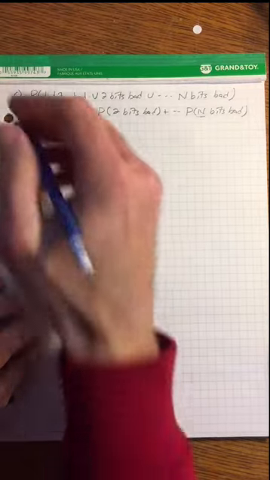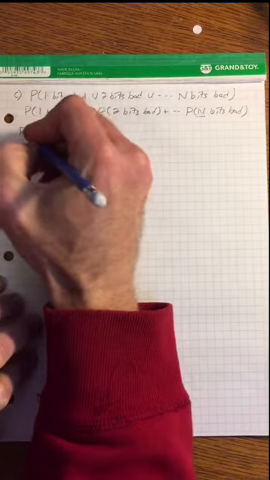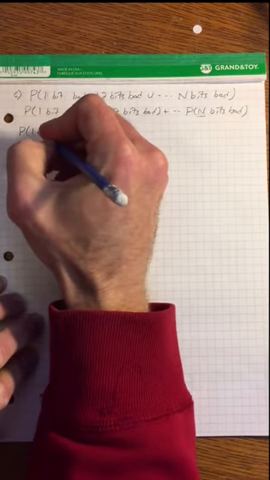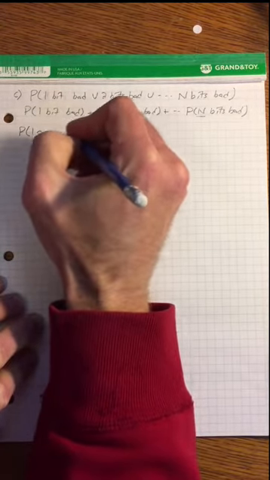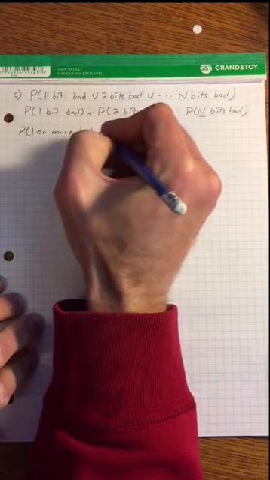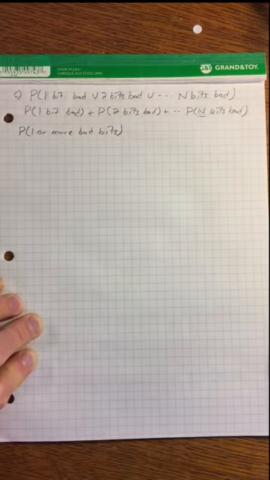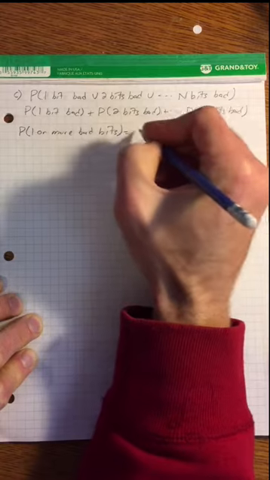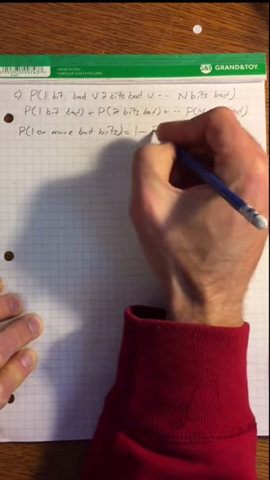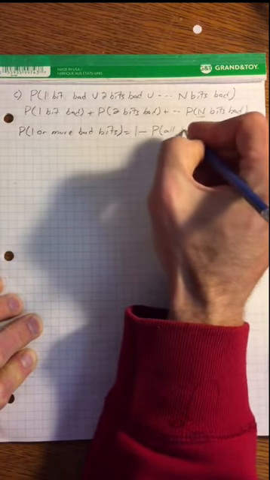And so the probability of one or more bad bits in the frame is actually equal to 1 minus the probability all bits are good.